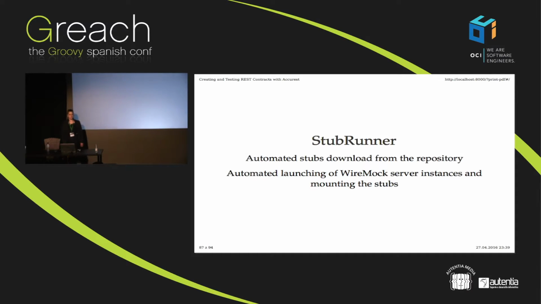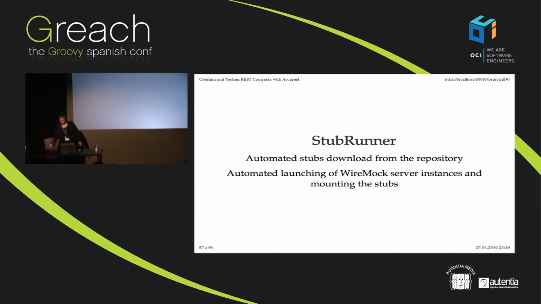And until the beginning of this month, that was also up to the client to do. So for example, to write something in the Gradle script to get files from the right place and then use a WireMock rule to run them. But now, we have also added a StubRunner tool to the Accurest project.